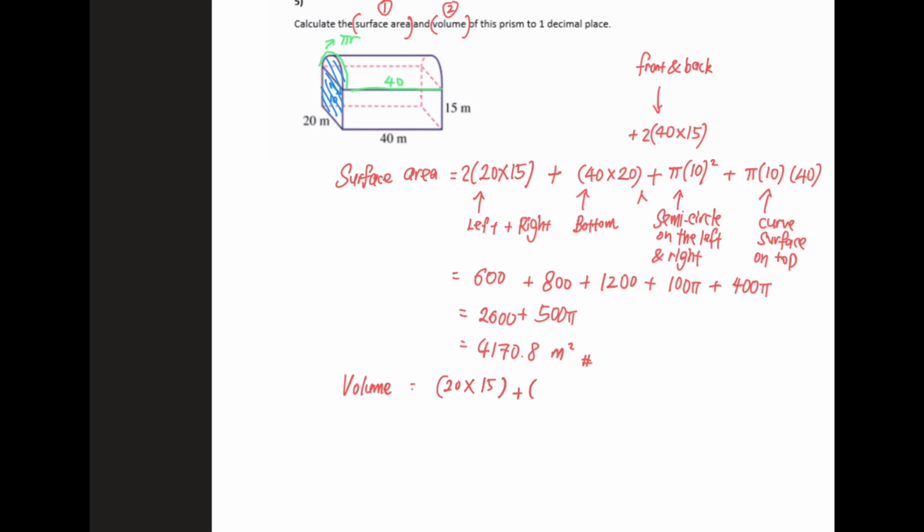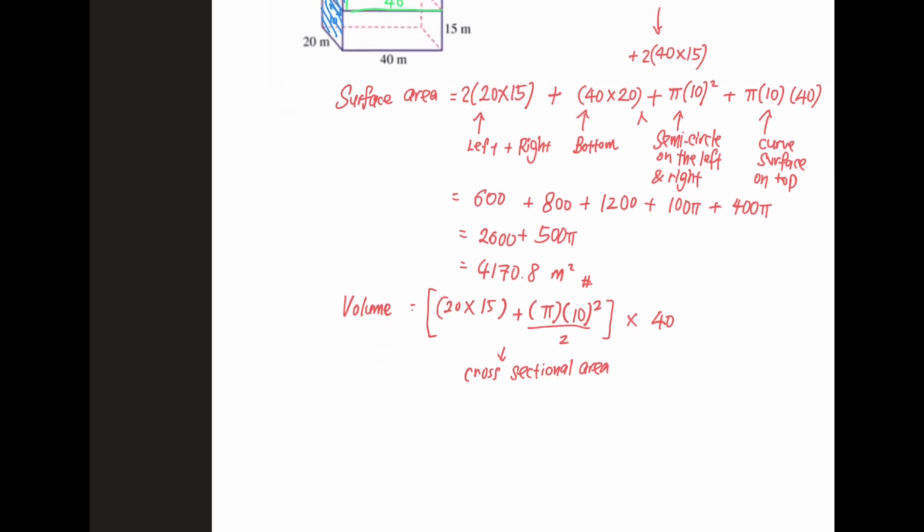The area of the semicircle is pi r square over 2, which is pi times 10 square over 2. This whole part I put in square bracket. This is the cross-sectional area. I just need to multiply this with the length, which is 40.